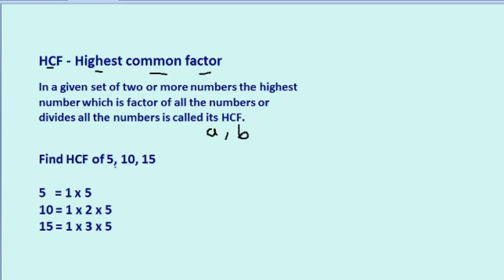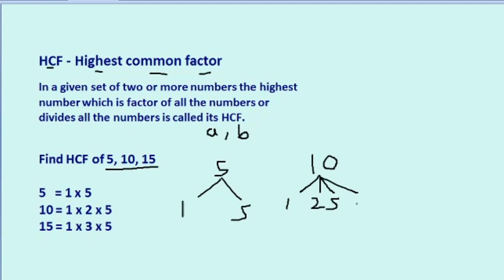We have three numbers. We have to find the HCF of these three numbers. So if we see how we can divide 5, 5 can be divided by 1 and 5. In the same way, 10 can be divided by how many numbers? 1, 2, 5 and 10.